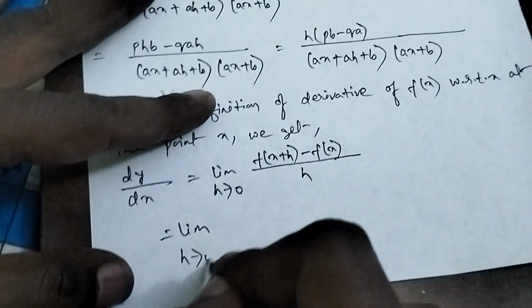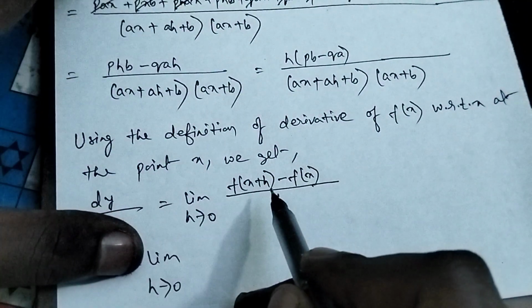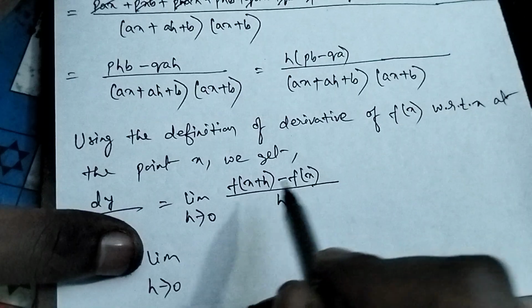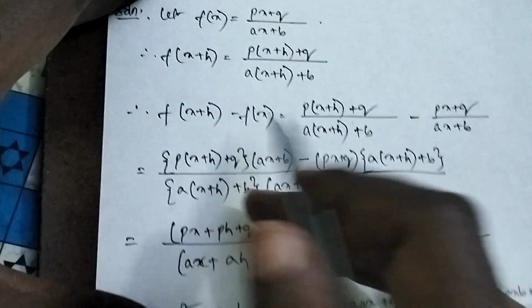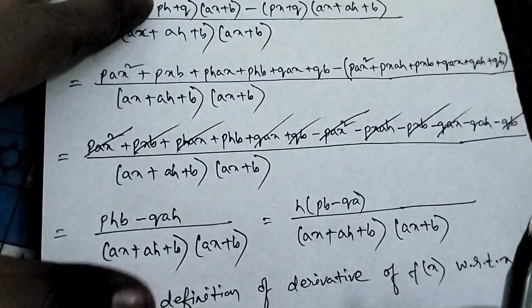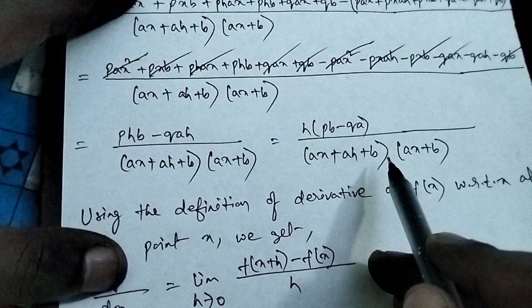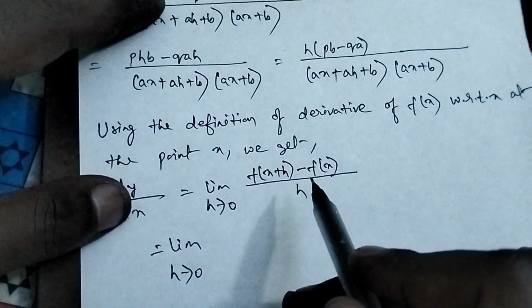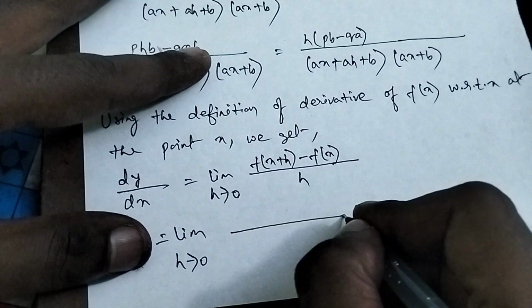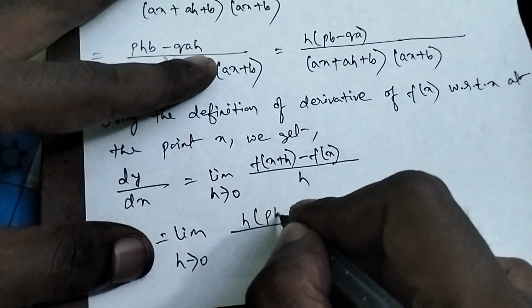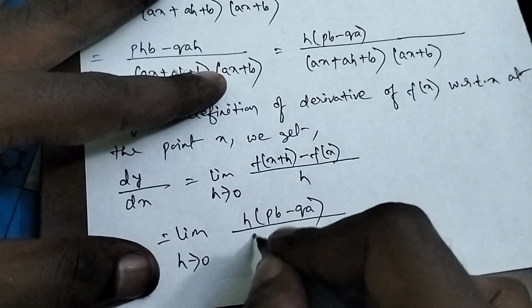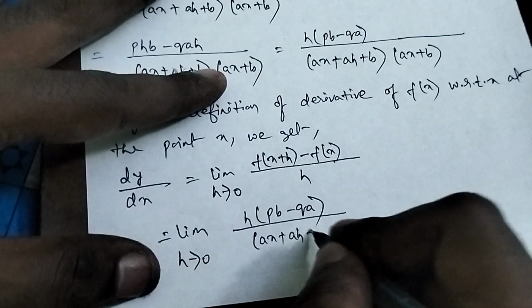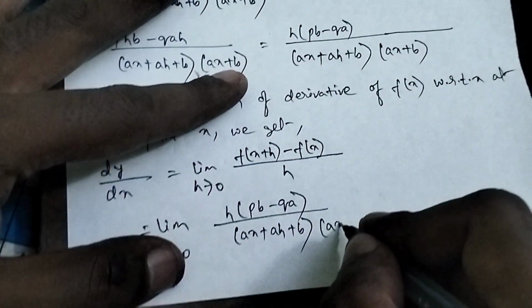So is equal to limit h tends to 0, f(x + h) minus f(x), which is this one: h into (pb minus qa) by (ax + ah + b) into (ax + b).